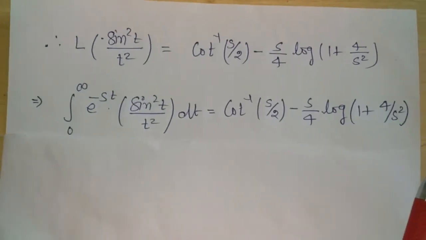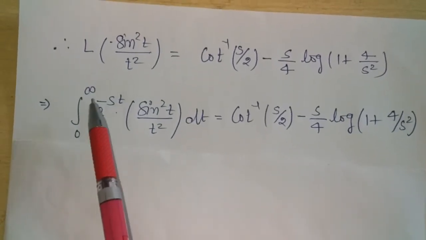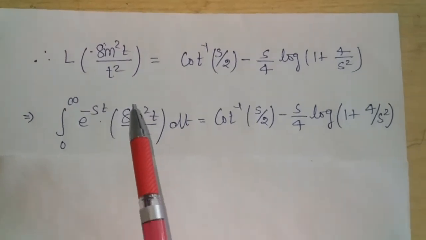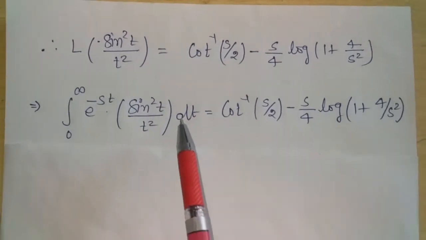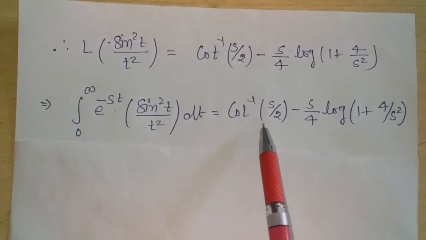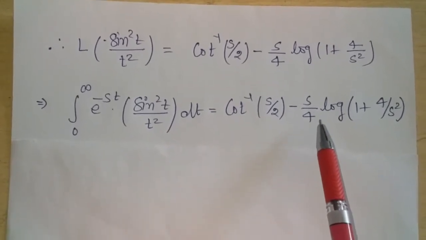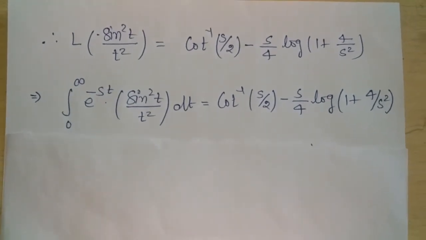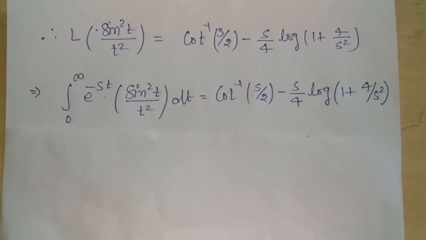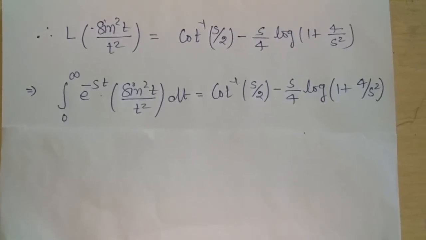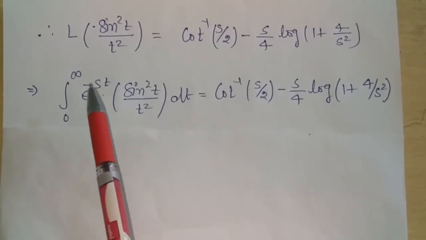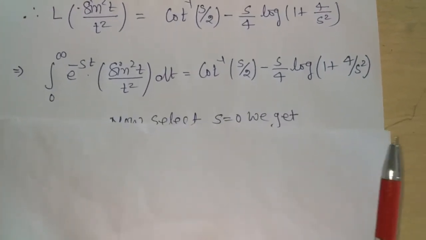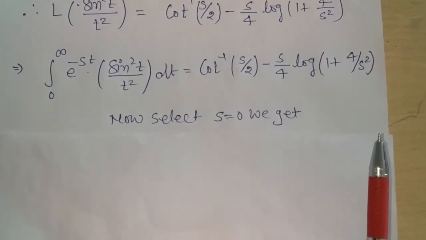So we have the integral from 0 to infinity of e^(-st) times sin² t / t² dt equal to cot inverse (s/2) minus (s/4) log(1 + 4/s²). Now we suitably select the value of the parameter s. So here we select s equal to 0, therefore e^0 is 1.